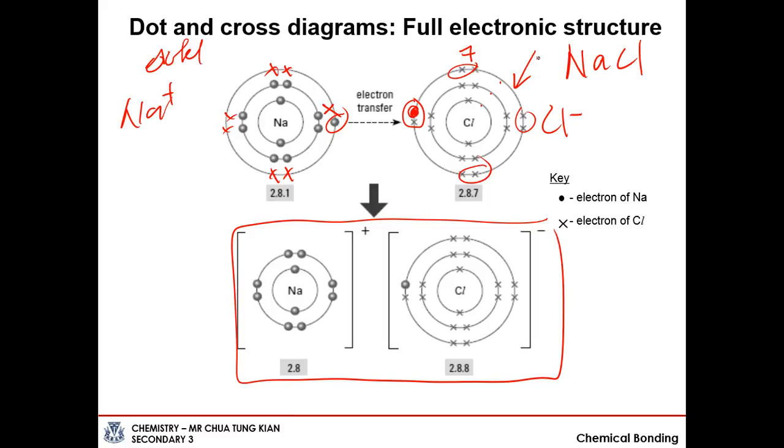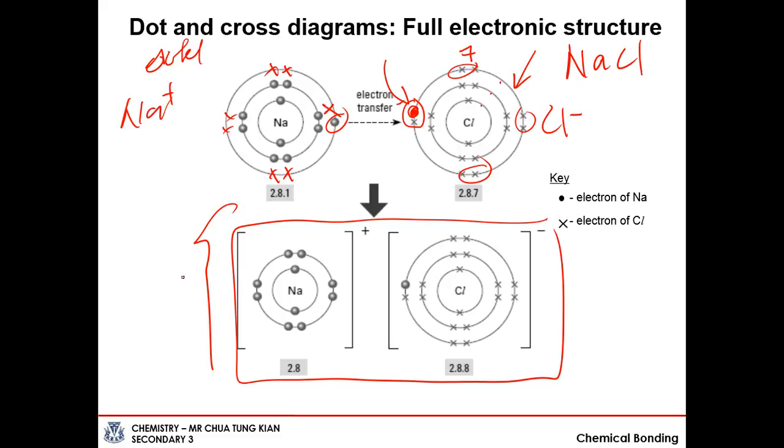It is easier for chlorine to gain 1 electron than to lose 7. It is energetically more favorable. This is the term you will use in A levels. It is energetically more favorable for chlorine to gain 1 electron than to lose 7 electrons. So as a result, it forms Cl minus and Na plus, and we have the NaCl ionic compound.